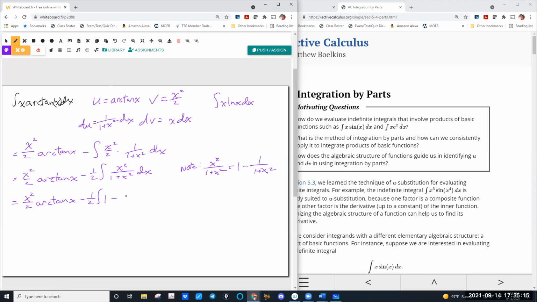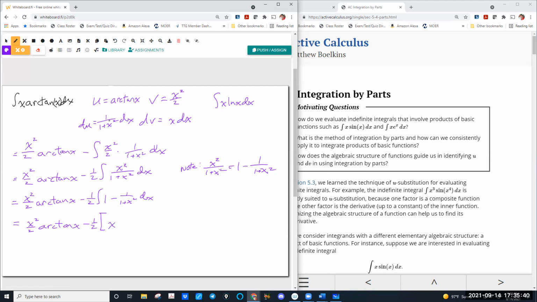But because I wanted to show you this one, we can do this antiderivative piece by piece: x squared over 2, arctan of x, minus 1/2. Piece by piece, the antiderivative of 1 is x.